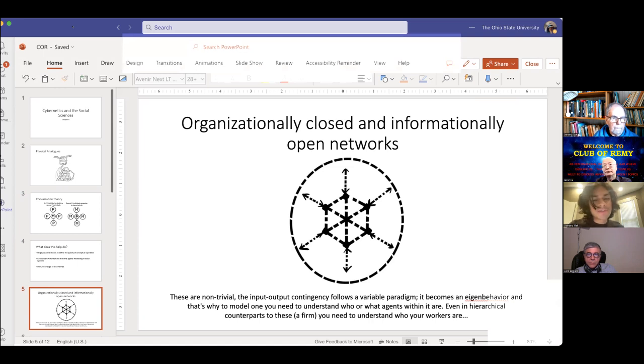But they were informationally open to these new ideas and plugged into the internet. So they were constantly bringing new ideas into the system and then reproducing those ideas together. So to me, when I read Bernard's chapter and he was talking about organizational closure and informational openness, that's what that meant to me, where there is a non-triviality to the system, where the input and the output contingency isn't necessarily non-variable, right?